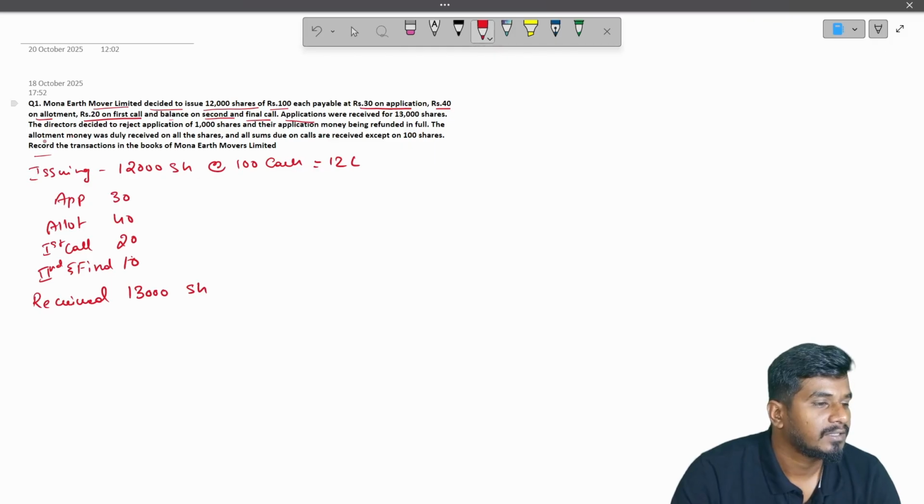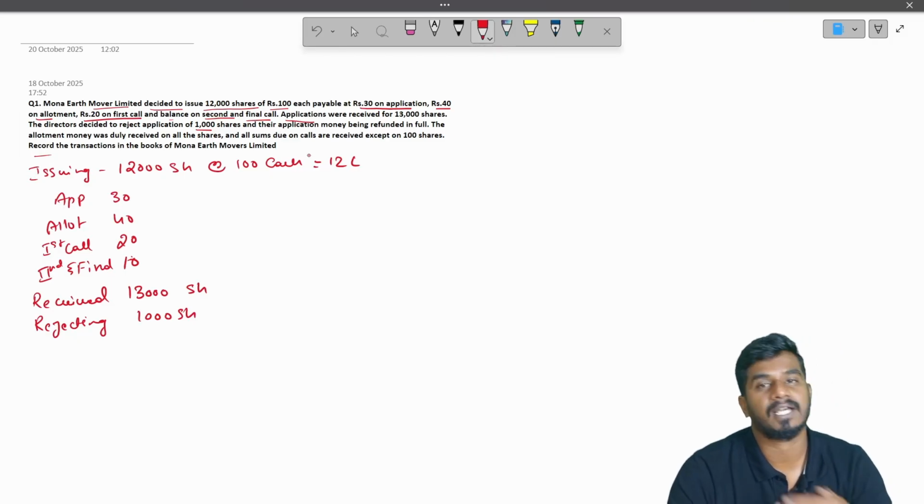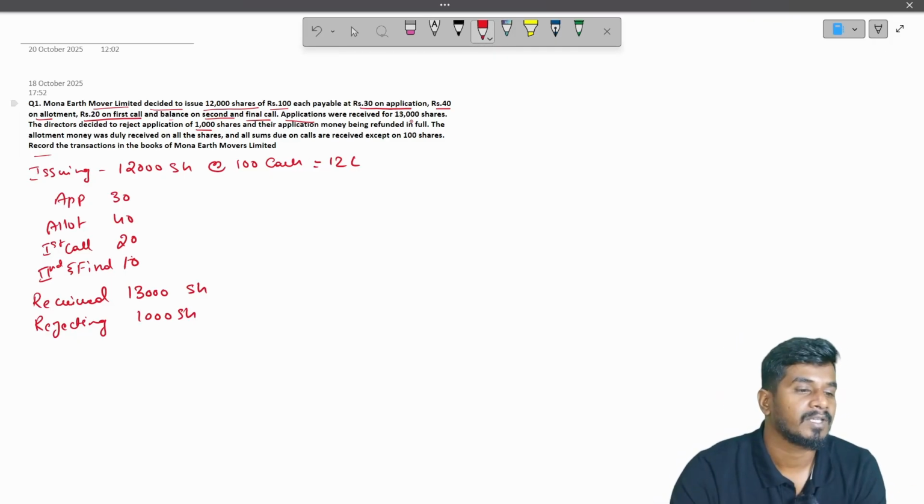Read the next line. The directors decided to reject applications of 1,000 shares, which came extra, and their application money is being refunded in full.